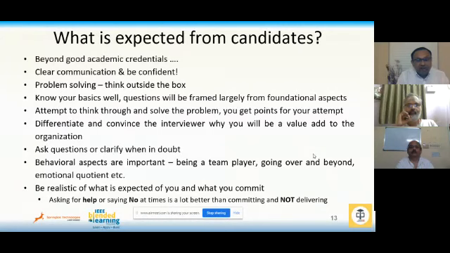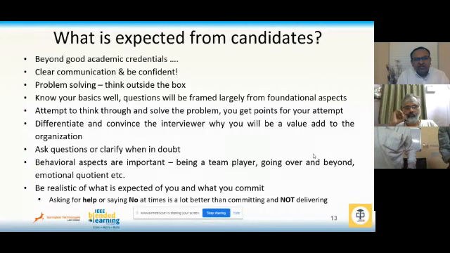If you don't know the entire problem or the final solution, it doesn't matter. What the interviewers really want to know is whether you have the ability to think through and try to solve the problem. So that in itself is a big plus, and you'll get points from the interviewer in terms of getting hired.